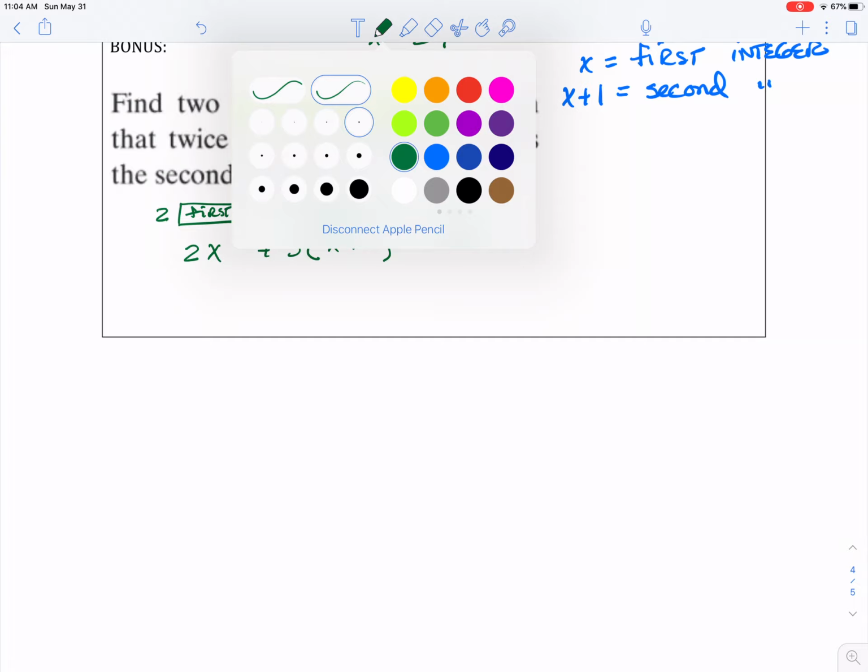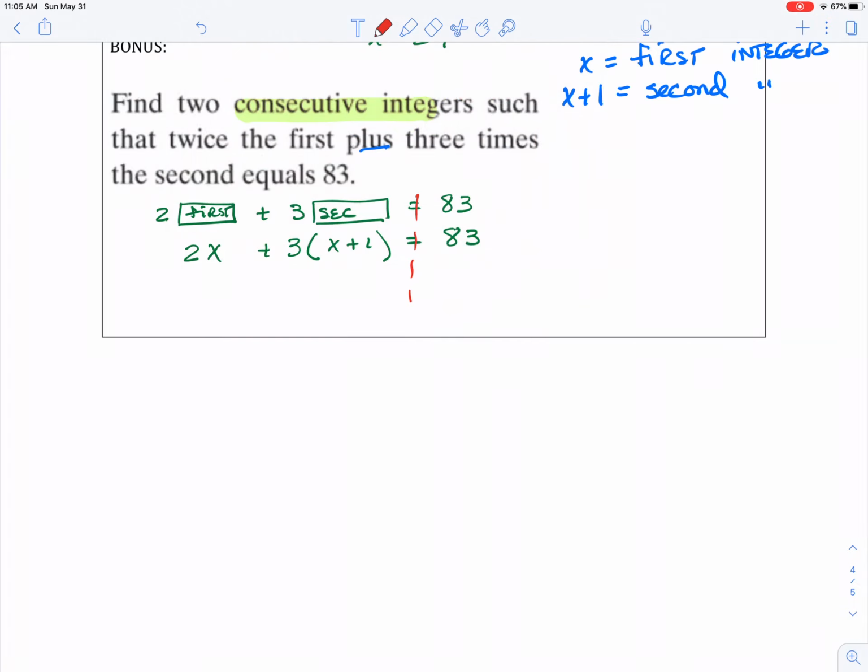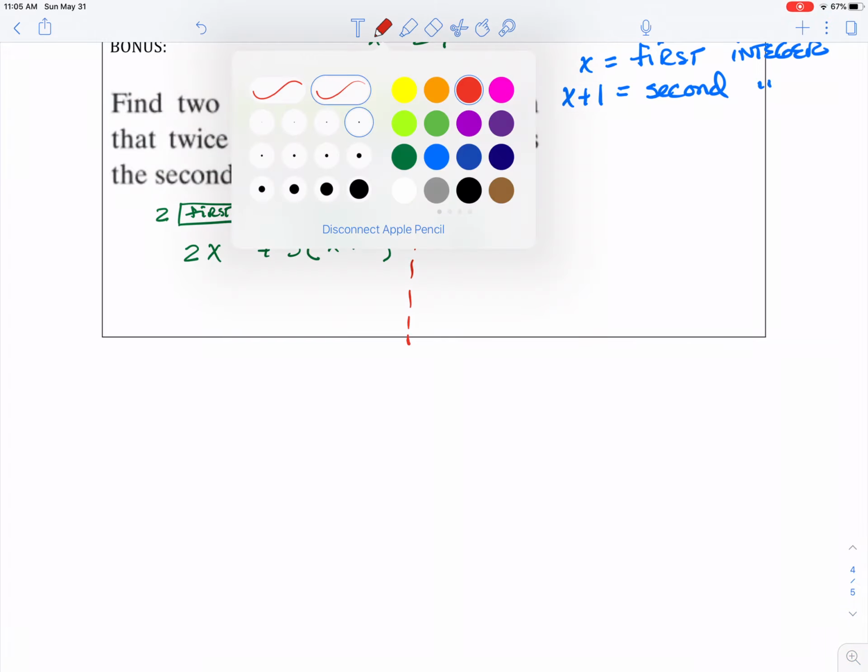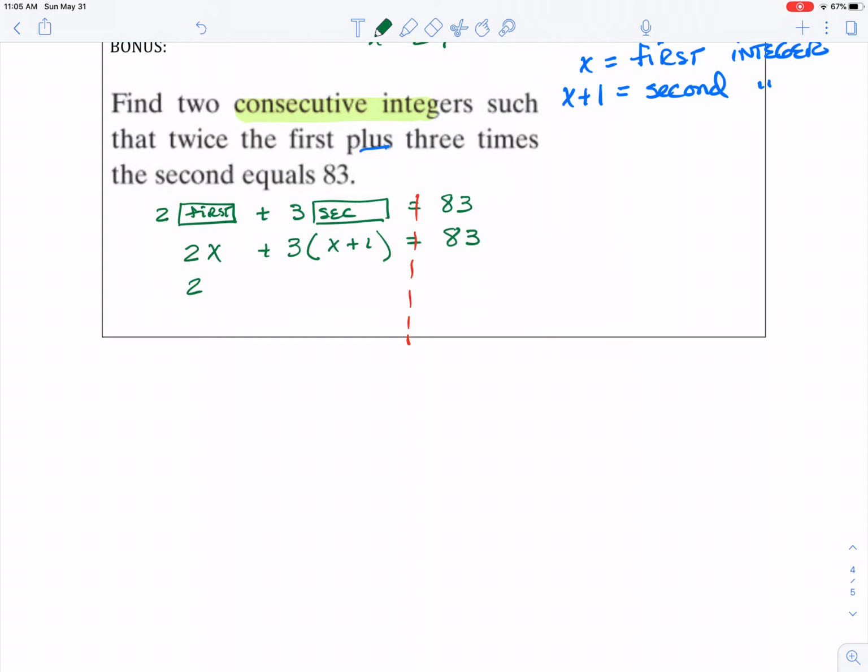Here's my left-right dividing line. I've got a distributive property here that I'm going to deal with first. I see a couple of like terms here that I'm going to combine or condense on the left-hand side.